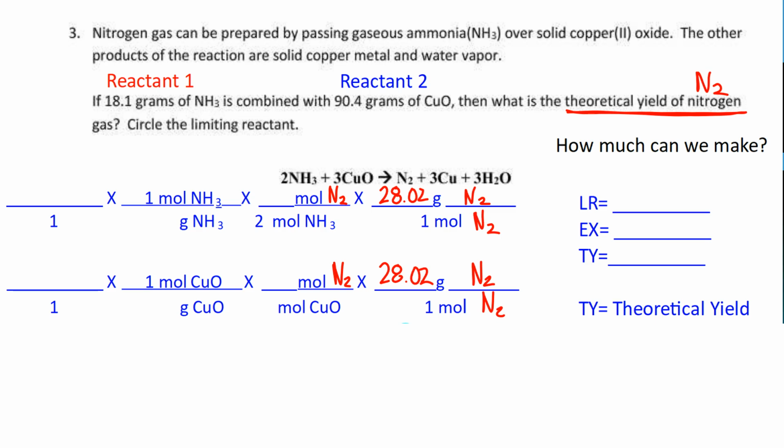Because N is diatomic, so there are 2 nitrogens there, so its molar mass is 28.02. 1 mole of N2, each nitrogen is 14.01, so I have 2 of them, 28.02.